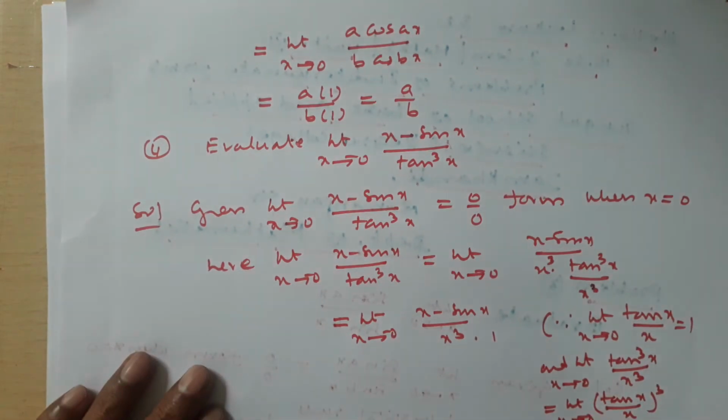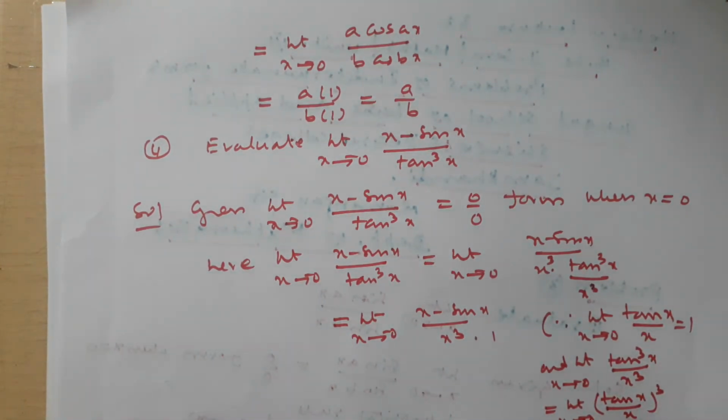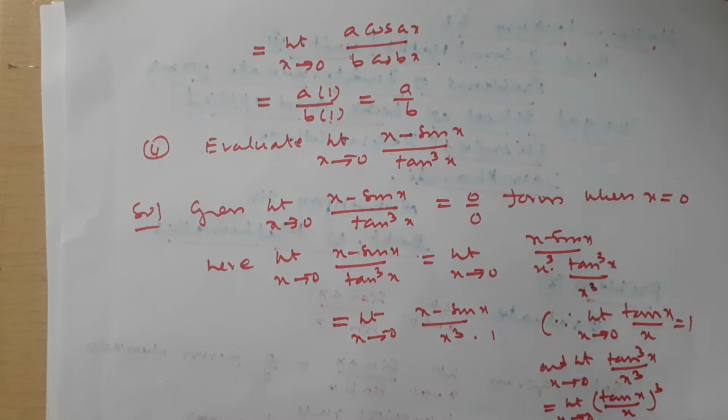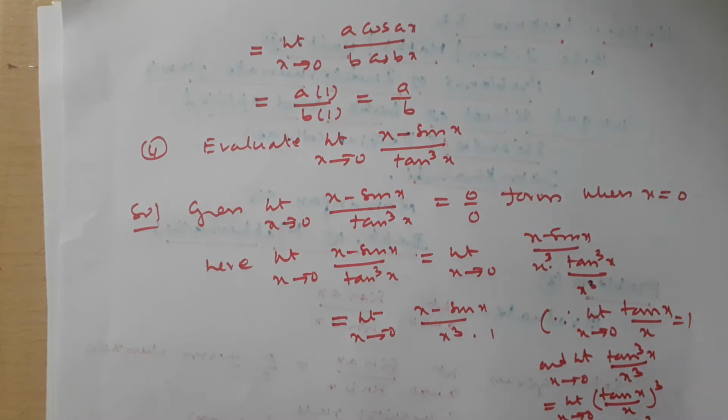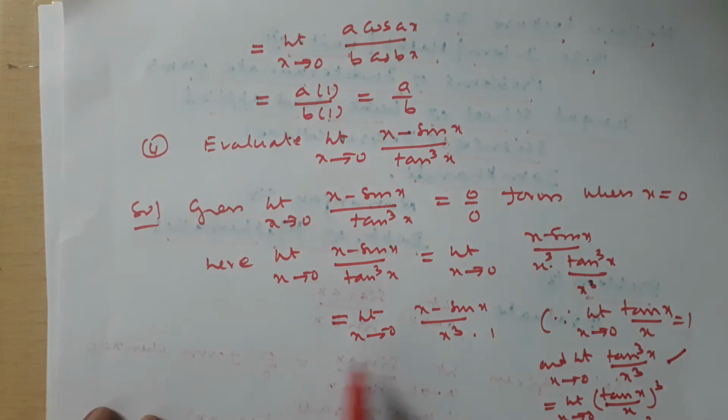Apply the limit to inside, the value does not change. So limit tan x by x as x tends to 0 whole cube is equal to 1 cube, which is equal to 1. So that this value also is 1.